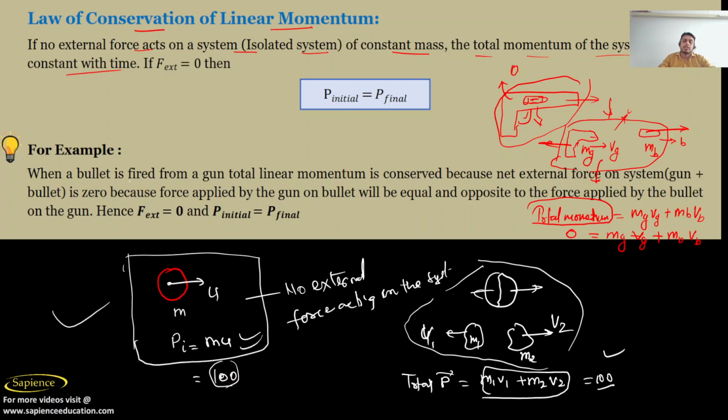Solving this equation, mass of gun times velocity of gun equals minus mass of bullet times velocity of bullet. Both are momentum products but in opposite directions. If the bullet is moving forward, the gun is moving backward. So the total momentum of the entire system remains constant. This is what the law of conservation of momentum is.